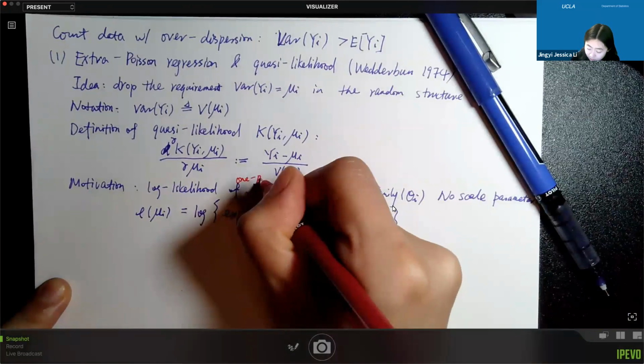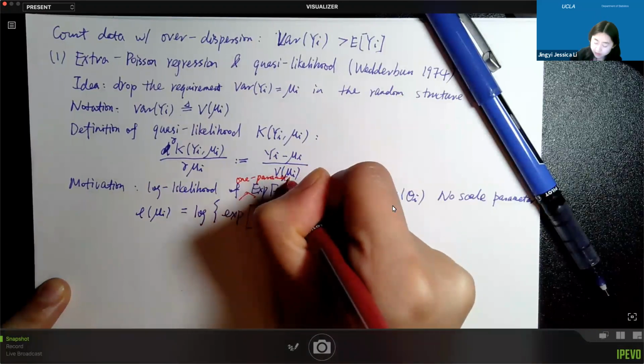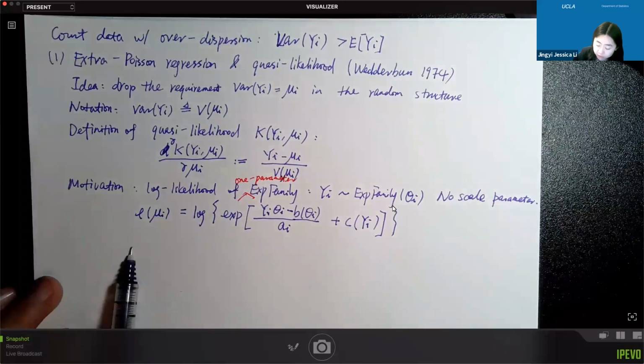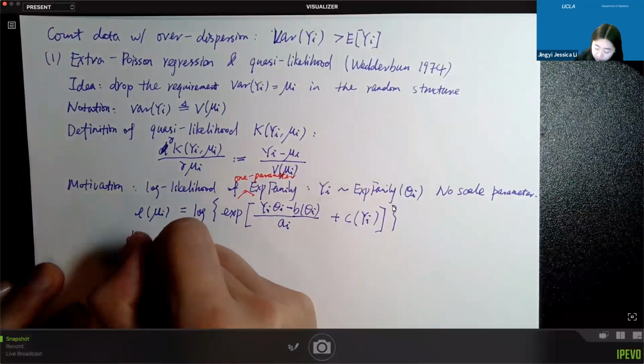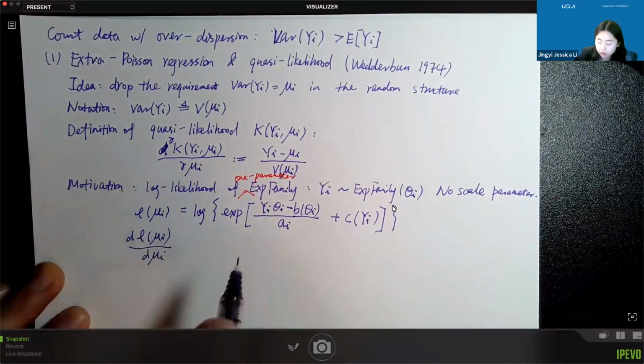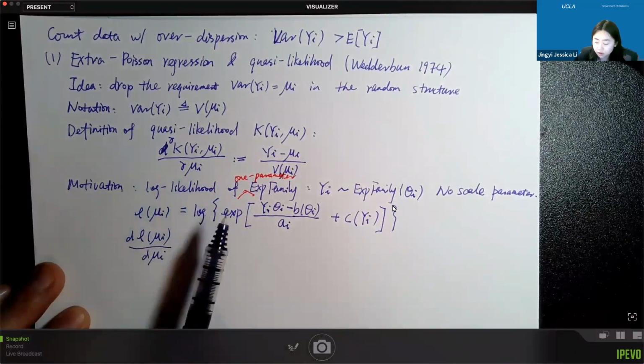Yeah. And then you see, if I take the derivative dl/d mu_i, clearly log and exponential cancel.